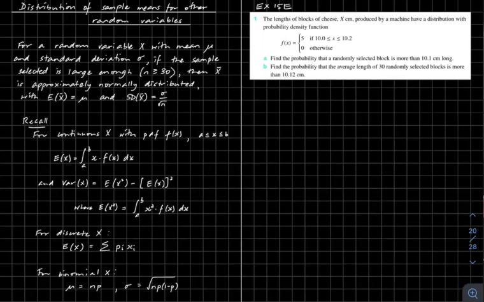In fact, this one's a uniform distribution. The lengths of blocks of cheese, x centimeters, produced by a machine have a distribution with the PDF as shown here. So f of x is equal to 5 if x is between 10 and 10.2, and equal to 0 otherwise.